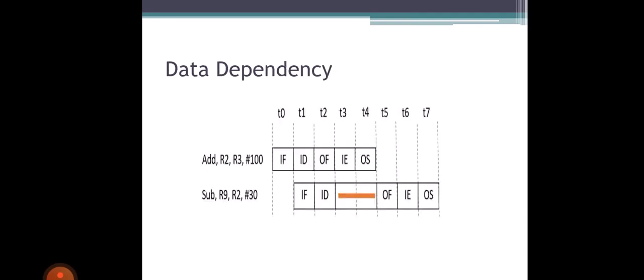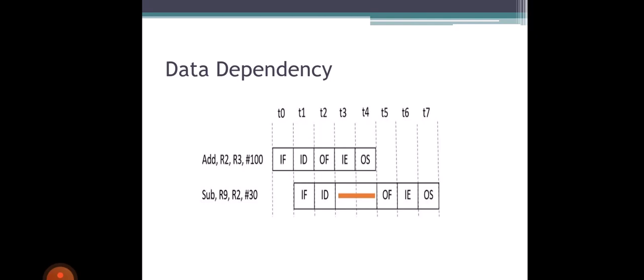First one, data dependency. Consider the following two instructions and their pipeline execution. In the figure above, you can see that the result of the add instruction is stored in the register R2, and we know that the final result is stored at the end of the execution of the instruction, which will happen at the clock cycle T4.